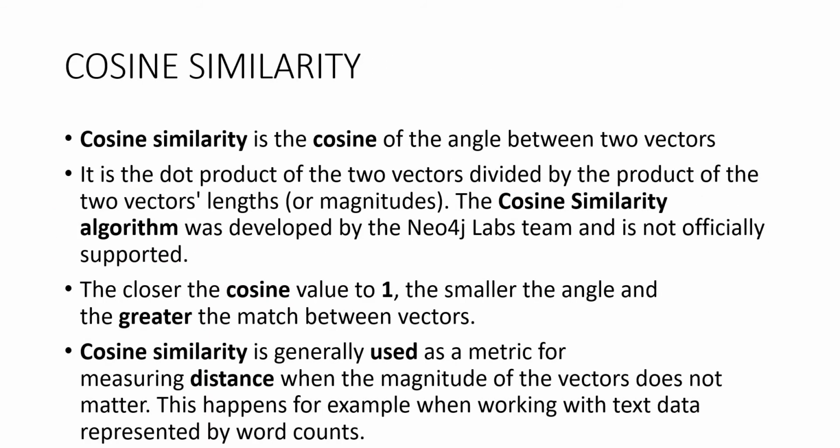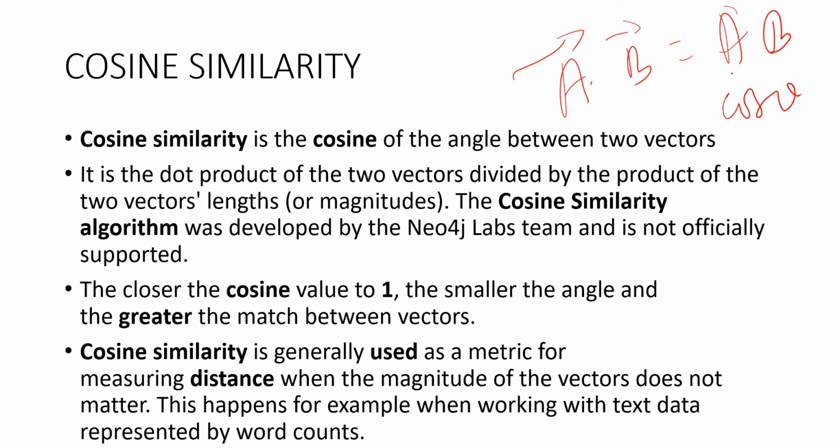Cosine similarity, as you know, is based on the cosine of the angle between two vectors. For vectors there are two types of products: the dot product and the cross product. In cosine similarity, we use the dot product. This is the equation: A dot B is equal to |A||B| cos theta.